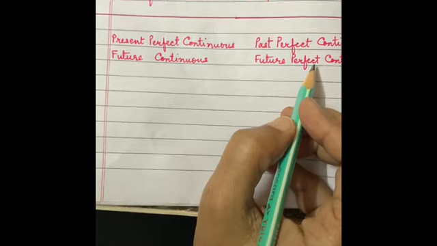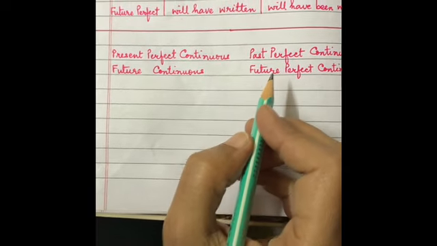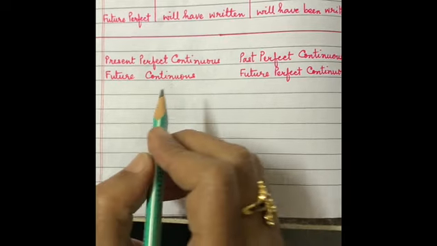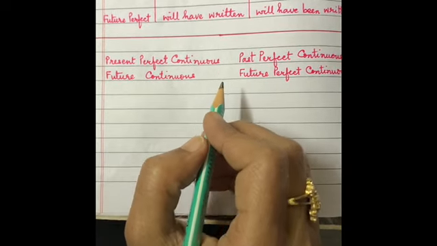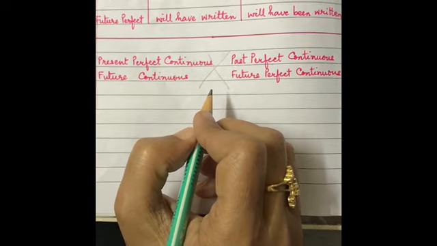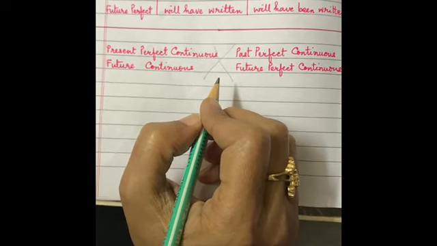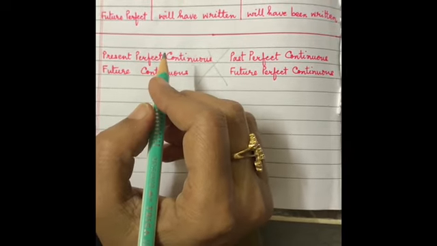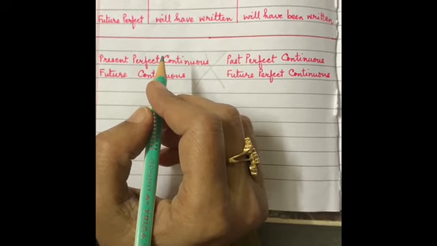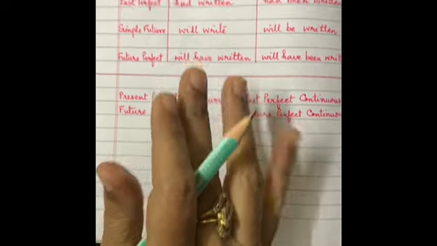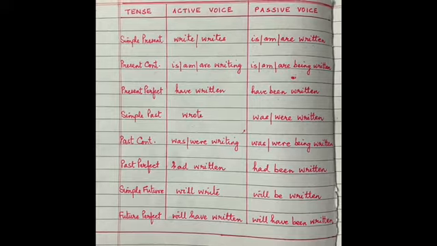In English grammar we don't convert the sentences of these 4 tenses into passive voice, as they are not grammatically correct. Now we will see the examples of each of them to make things clear in our next video. I hope up till here everything is clear to you.